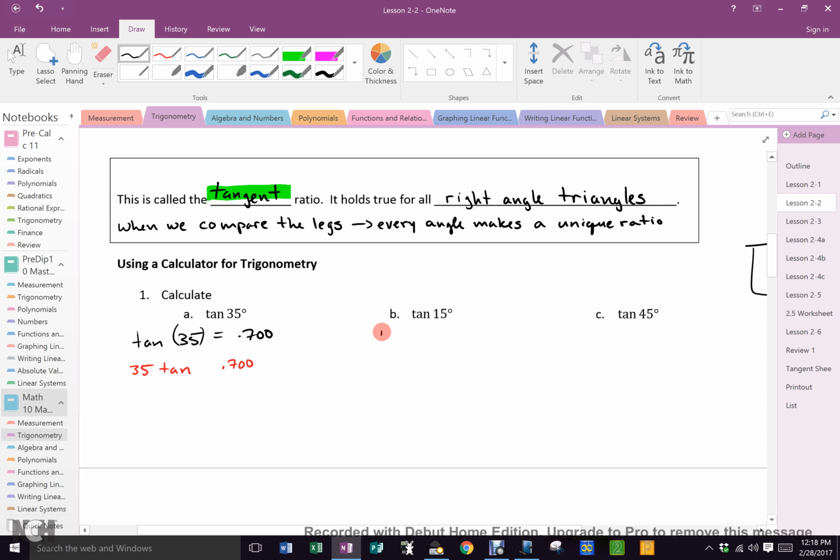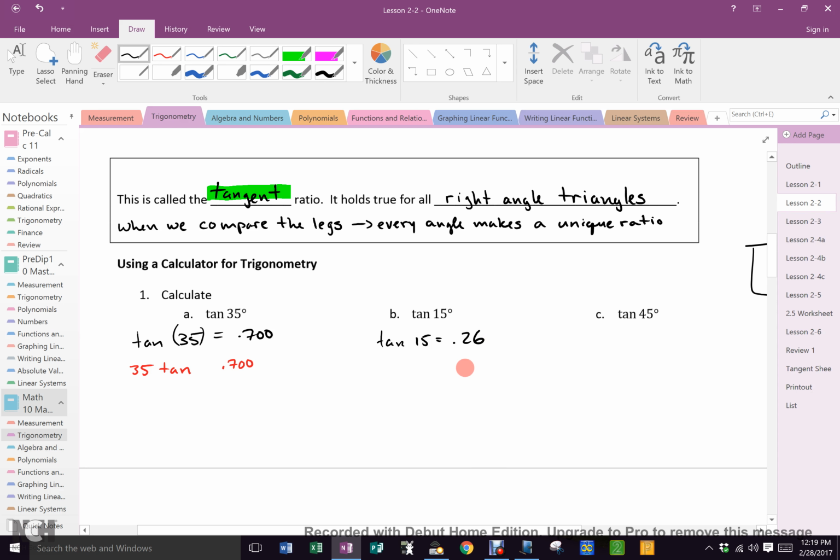What is the tan of 15? 0.3. Use a couple of decimals. 0.326. Oh, 0.26? Okay. Everybody good? Everybody can find it both ways, yes?